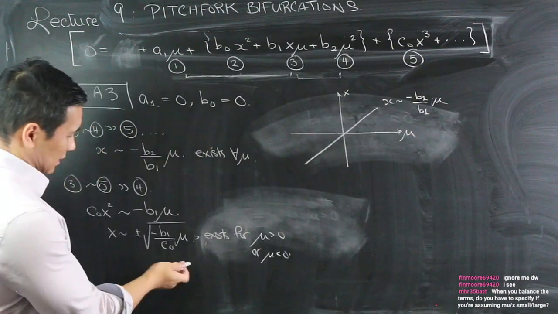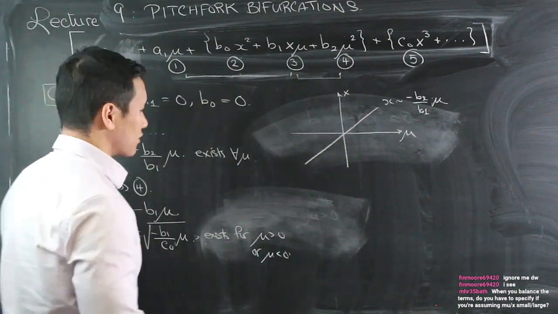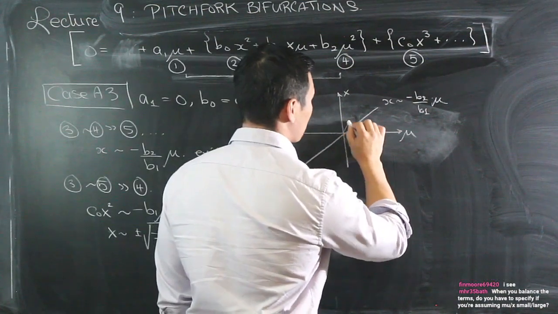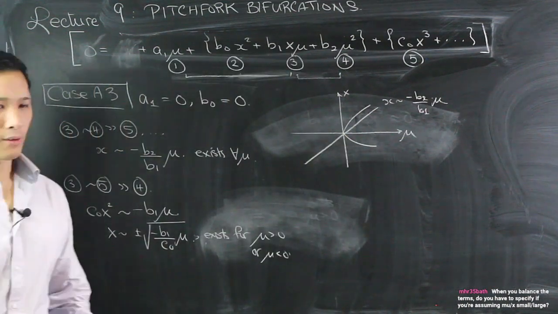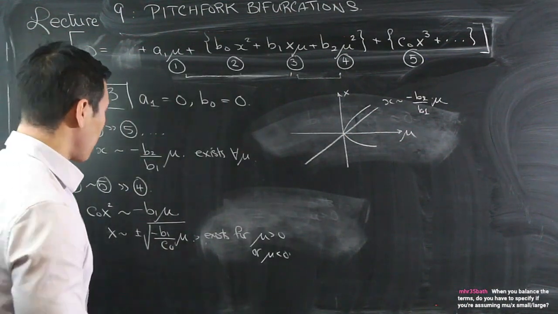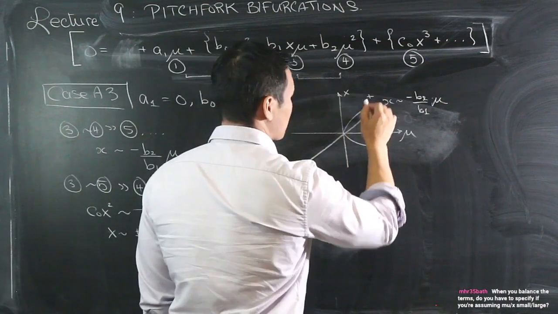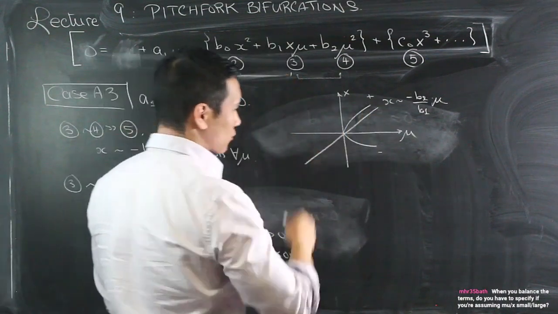And these guys essentially look like arms, right? So they look like one arm like this and the other arm like that. Okay? So this is a plus arm and this is the minus arm. And it only exists on one side.